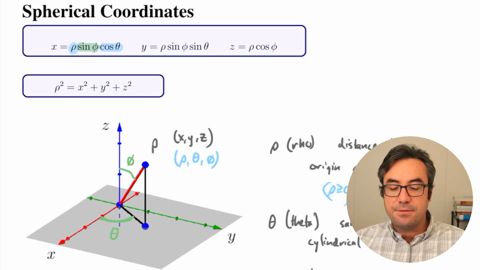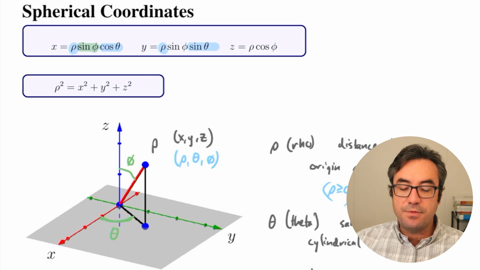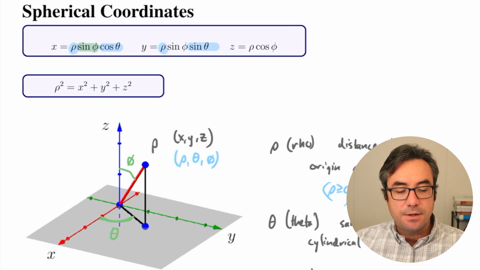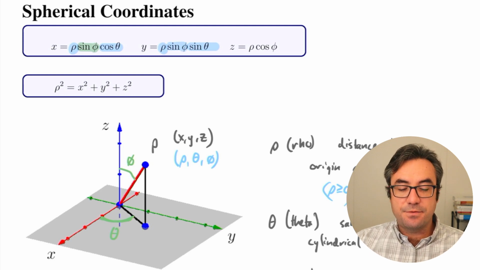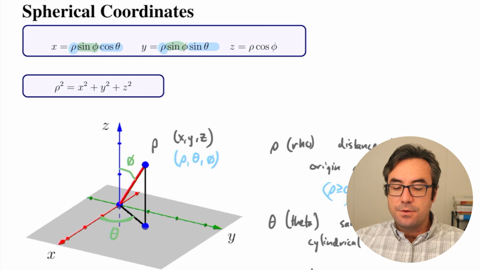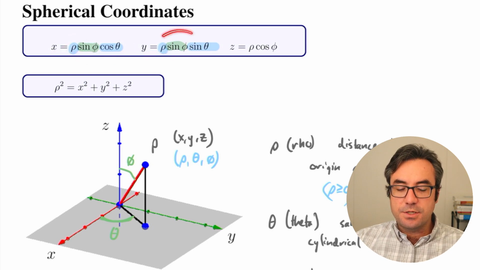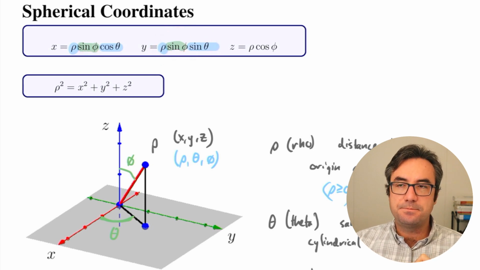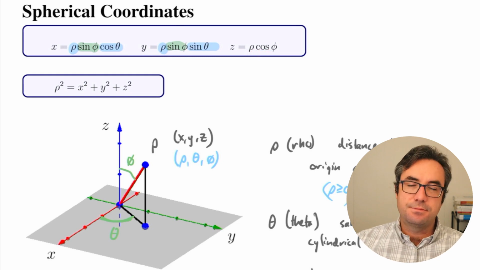Same thing for y. Part of it is very similar to what we've done in the past: rho times sine of theta, same as polar coordinates. The part that's new is the sine of phi. So the x coordinate and the y coordinate have that polar coordinate look to them with this extra trig term in the middle. And then z is completely new.